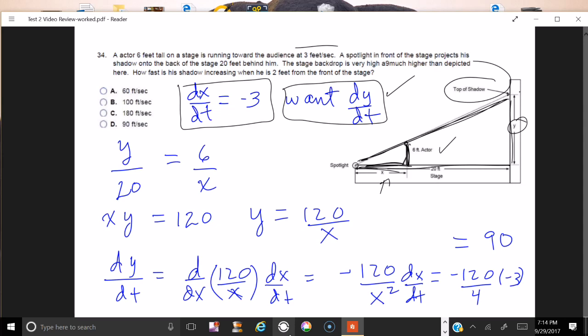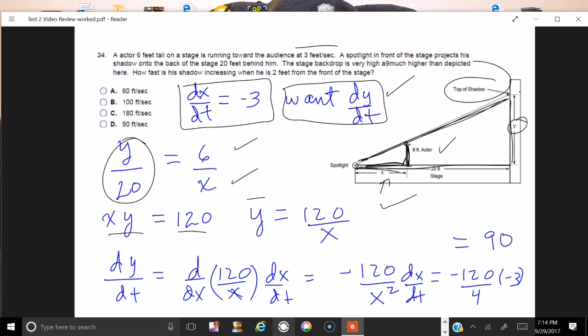So y over 20 is equal to the height of the actor divided by x, which is its distance from the front of the stage. Cross multiplying, we get xy equals 120, and y, the height of the shadow, is 120 over x.